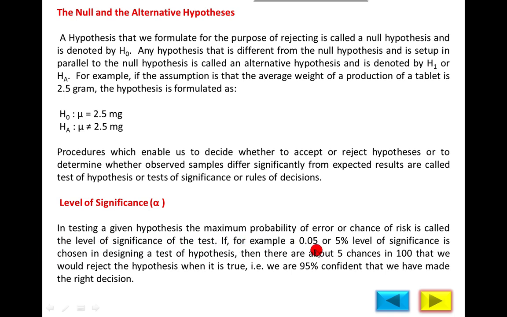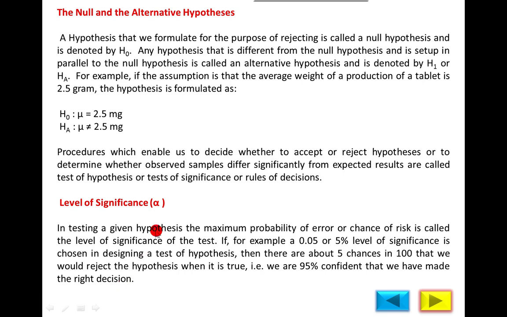For example, if 0.05 or 5% level of significance is chosen in designing a test of hypothesis, then there are about 5 chances in 100 that we would reject the null hypothesis when it is true. Rejecting the hypothesis when it is true is the error. It indicates we are 95% confident that we have made the right decision.